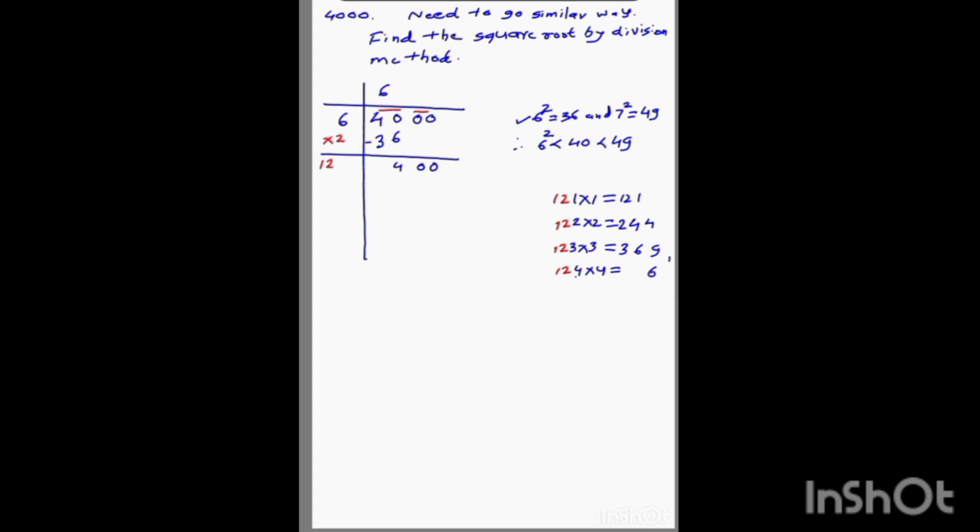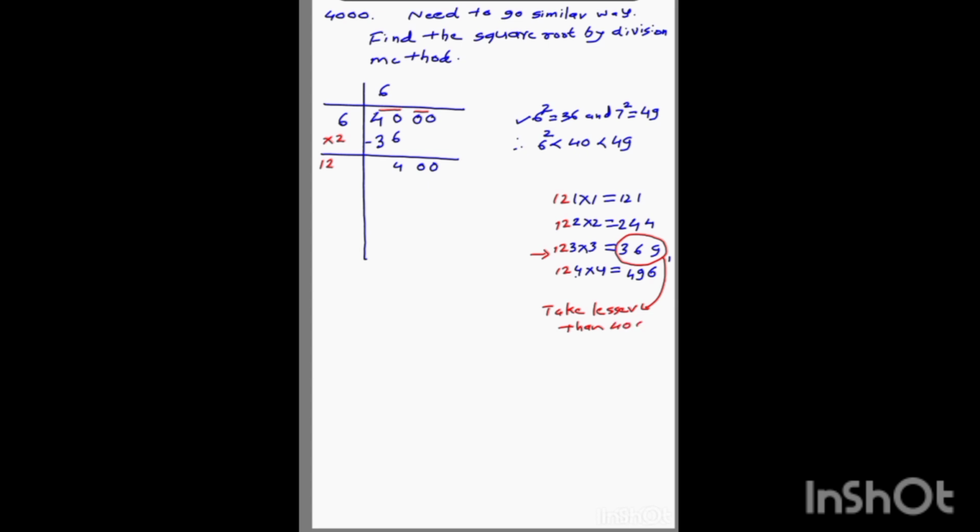So you are casting 400. We are taking 369. See this number, I have marked it by a red arrow. Why are we taking that? Because that is lesser than 400 and the next number is 496. That is why we are taking 369.